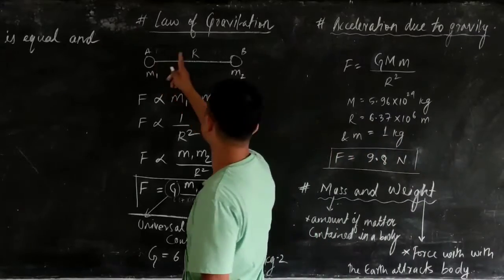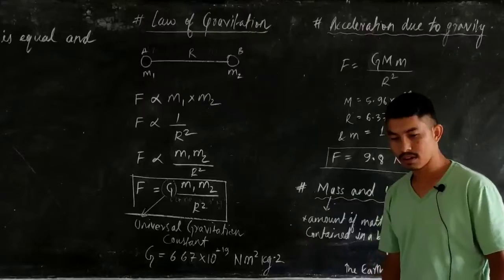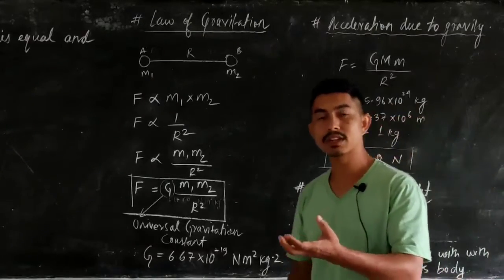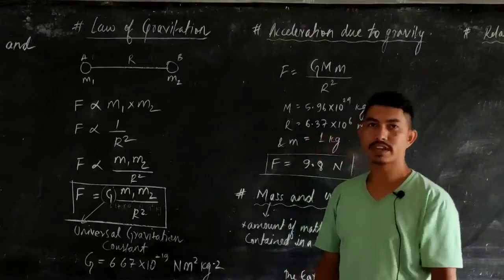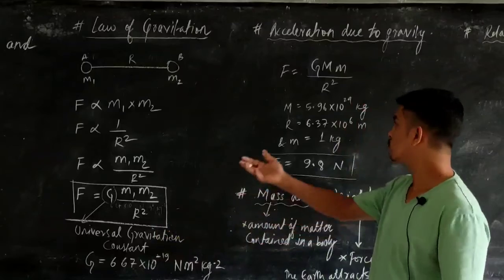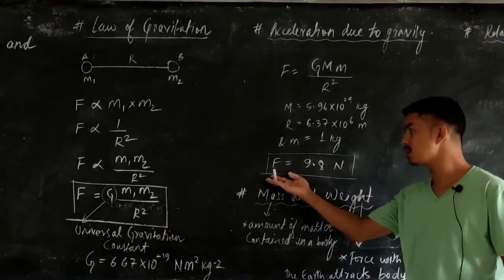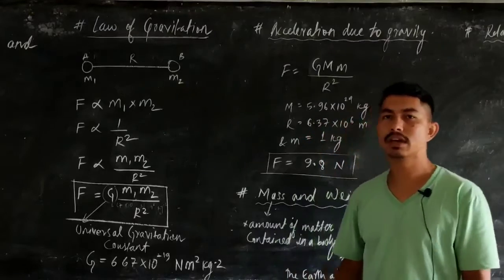Another topic is the acceleration due to gravity. If one of the bodies here is the earth, then the earth attracts all the objects towards its center. Whenever a body freely falls under gravity, the acceleration with which the earth pulls the object is approximately 9.8.